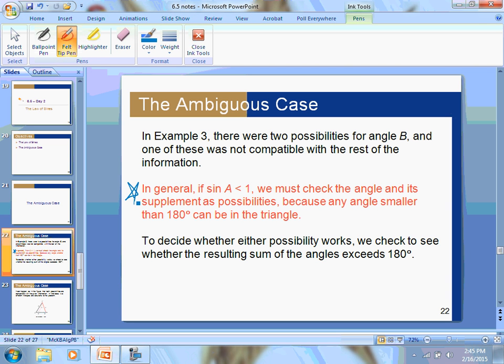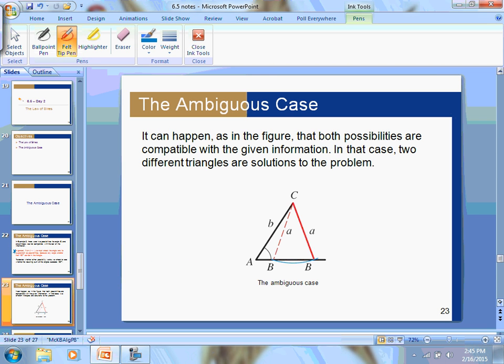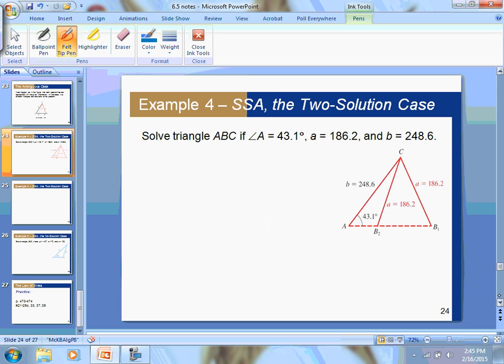Once you do that, you'll have your two cases, and you can check and see if both of them are possibilities or not. So it's better to work through it in an example.